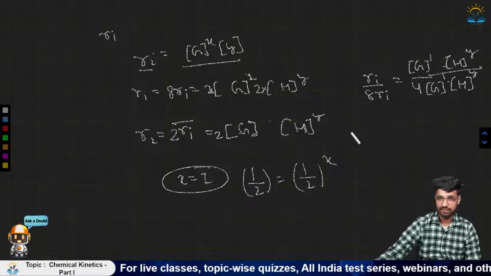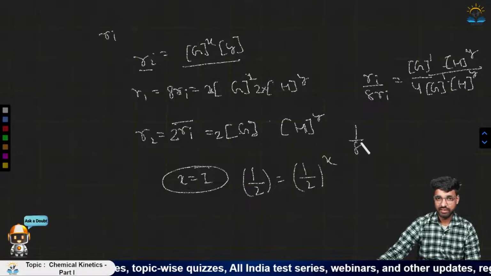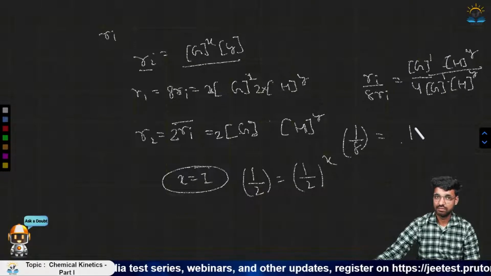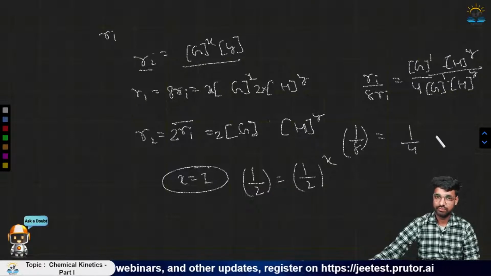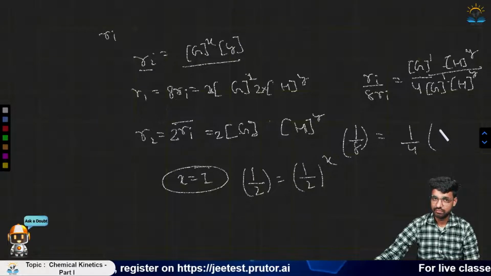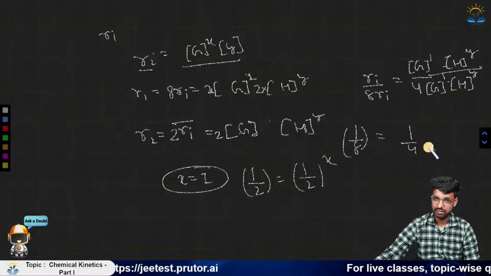Now this 1 by 8, we can write it as 1 by 4 is equal to this thing.